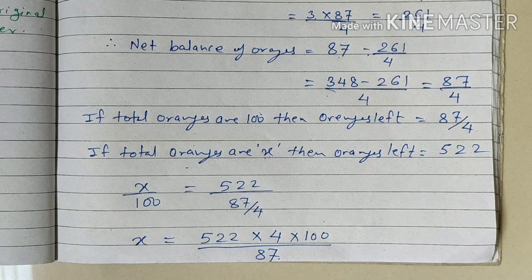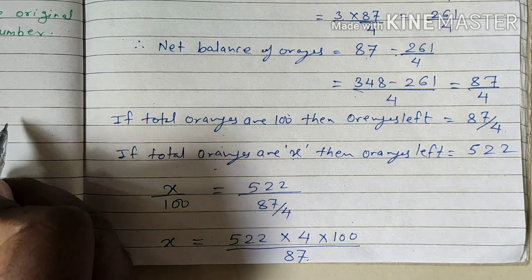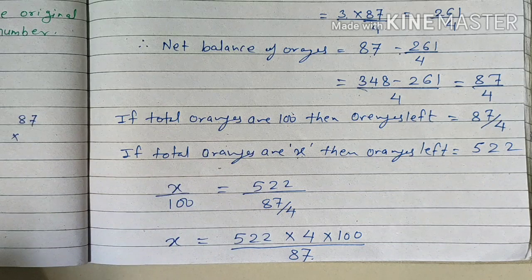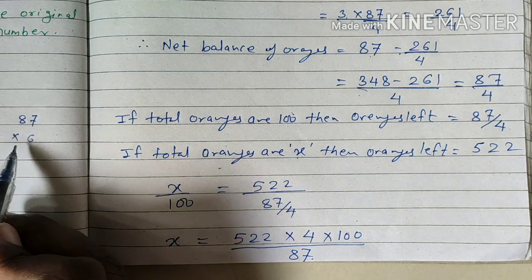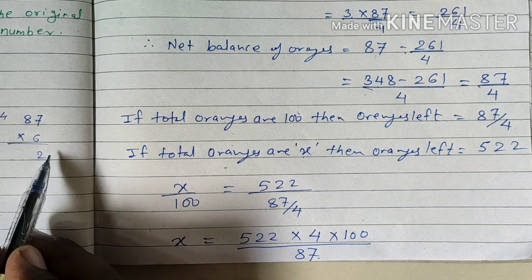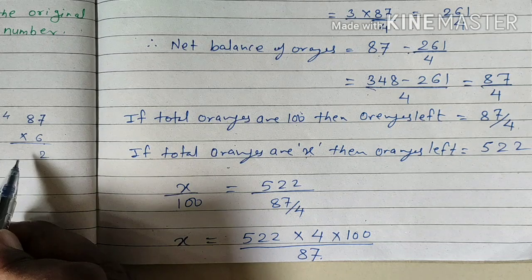So here 87 and 522. I think 87 multiplied by 6. 6 sevens are 42, 4 carry. 6 eights are 48, 48 plus 4 is 52.